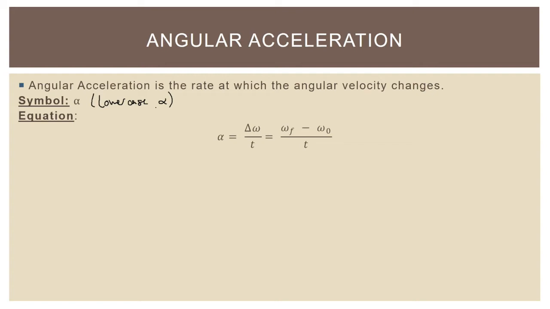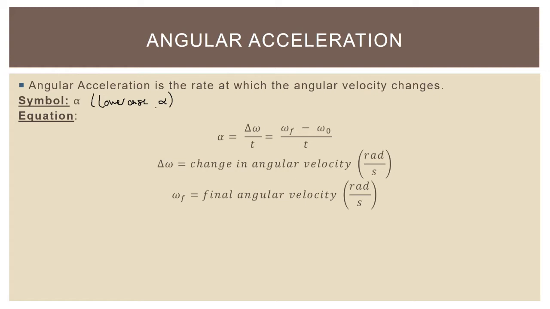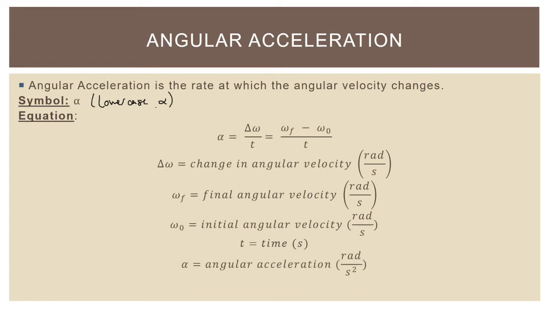And that's it. Just to define our symbols here, delta omega is the change in angular velocity, measured in radians per second. Omega final is the final angular velocity, omega with the subscript f. Omega naught is the initial angular velocity. T, of course, is the time. And the angular acceleration is going to be measured in units of radians per second squared.